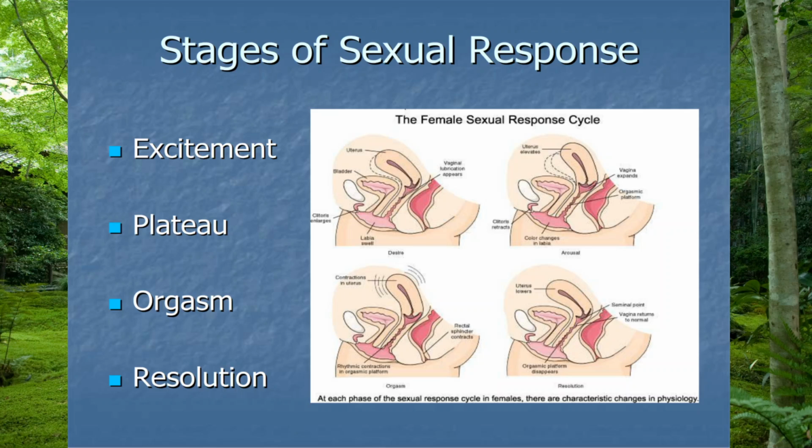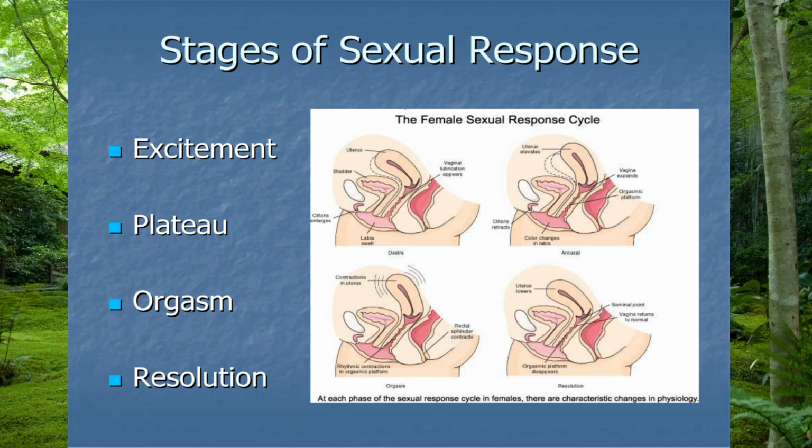As we're going to see in a second, this may not be the case. And then finally, during resolution, the uterus will go from this very large engorged state to shrinking back down and becoming quite a bit smaller, and then flopping over anteriorly, sitting on the urinary bladder. So these are the stages of sexual response as envisioned by Masters and Johnson.